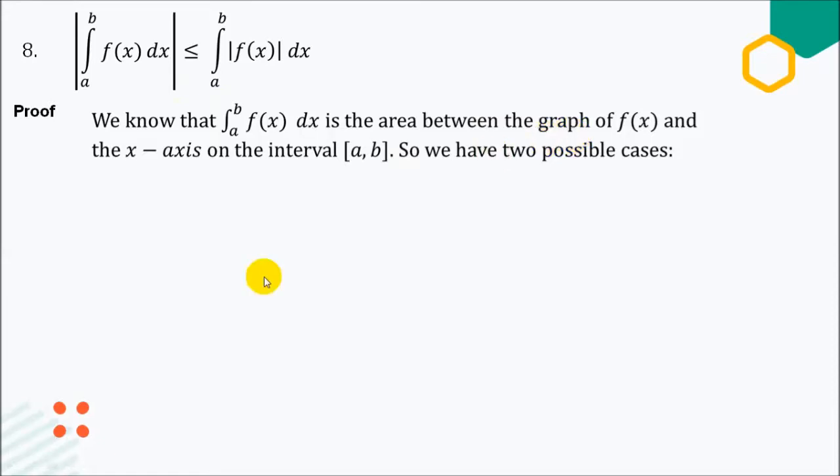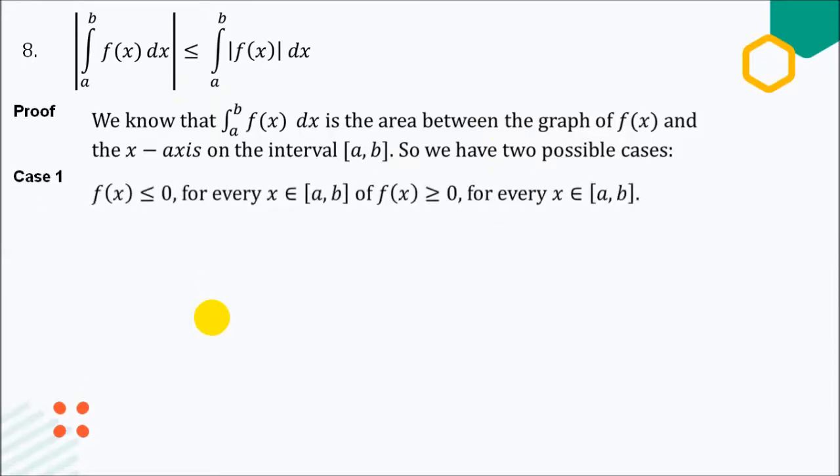So we have two possible cases here. Let's say for case 1, we have f(x) less than or equal to 0 for every x in a until b, or f(x) greater than or equal to 0 for x in a until b.